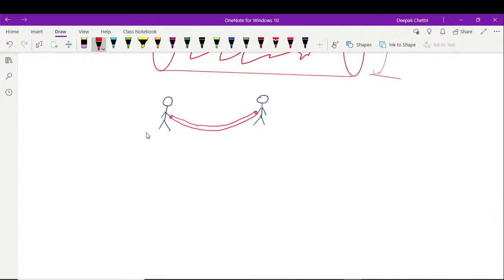Now what happens if we lower the pipe like that?